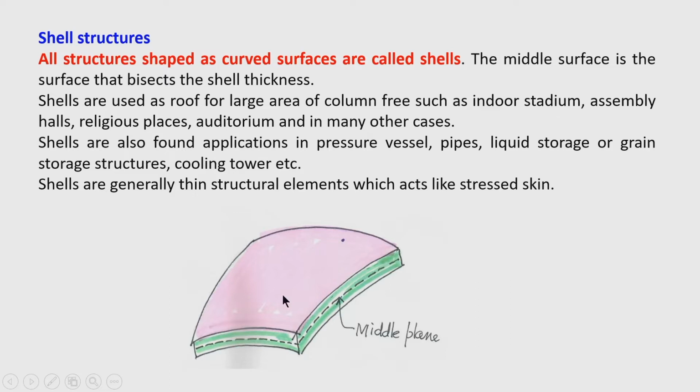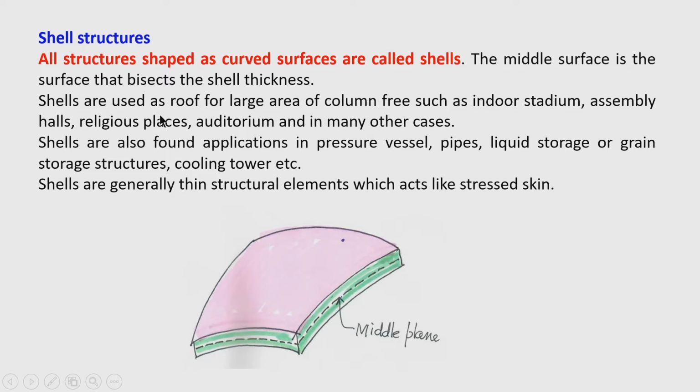All the stresses and strains we discuss are referred to the middle plane. So, what is the middle plane? Just like in a plate, the middle plane, or middle surface, is the plane which bisects the thickness of the shell. Say this is the thickness of the shell, and the middle plane is bisecting the shell.